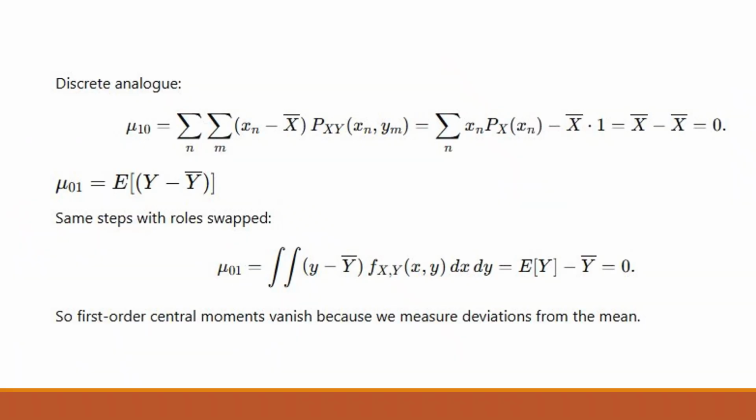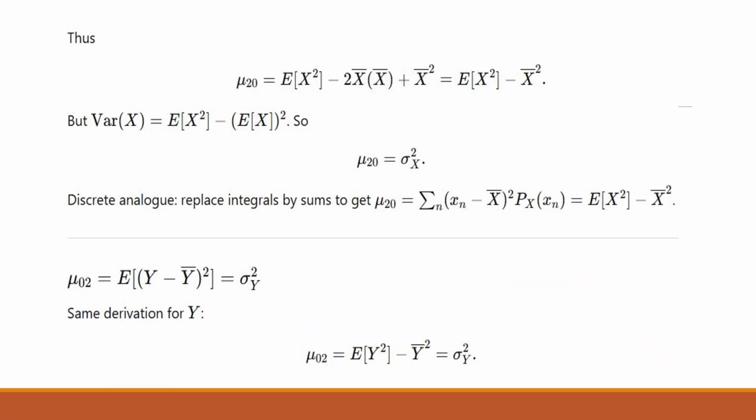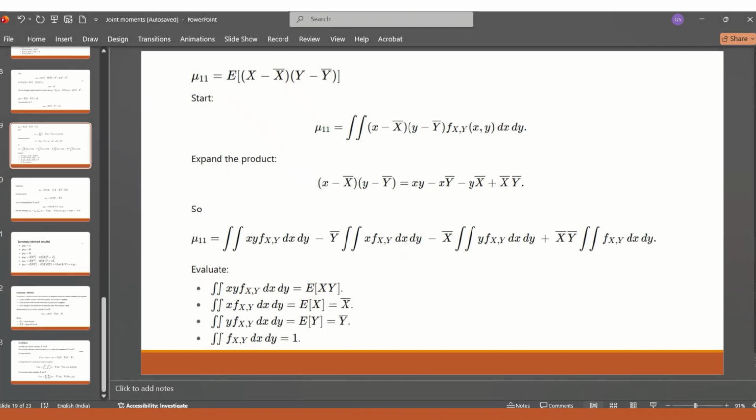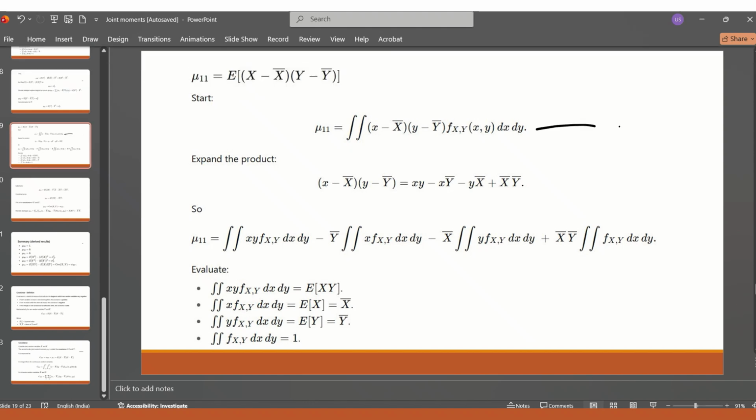We expand this product: x minus x bar into y minus y bar is equal to xy minus x y bar minus y x bar plus x bar y bar. So we substitute these in equation 1.